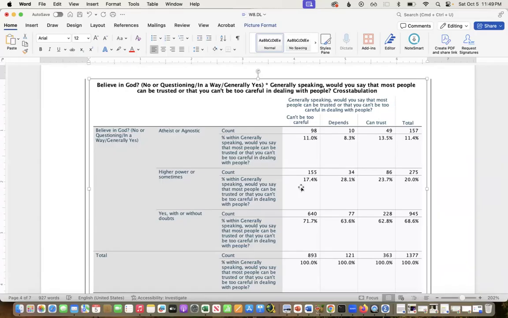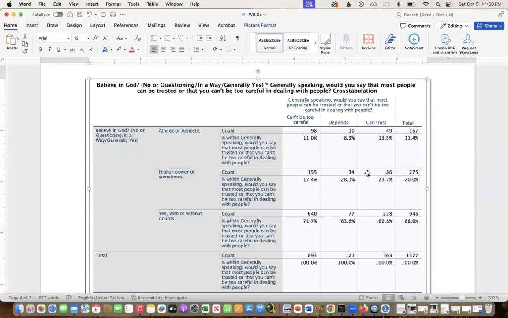Let's look at the next row. So here we can see that we're jumping up 10% and then we go back down 5. So people who are not as trusting of people are over 10% less likely than people who say it depends to believe in a higher power or sometimes believe in God.